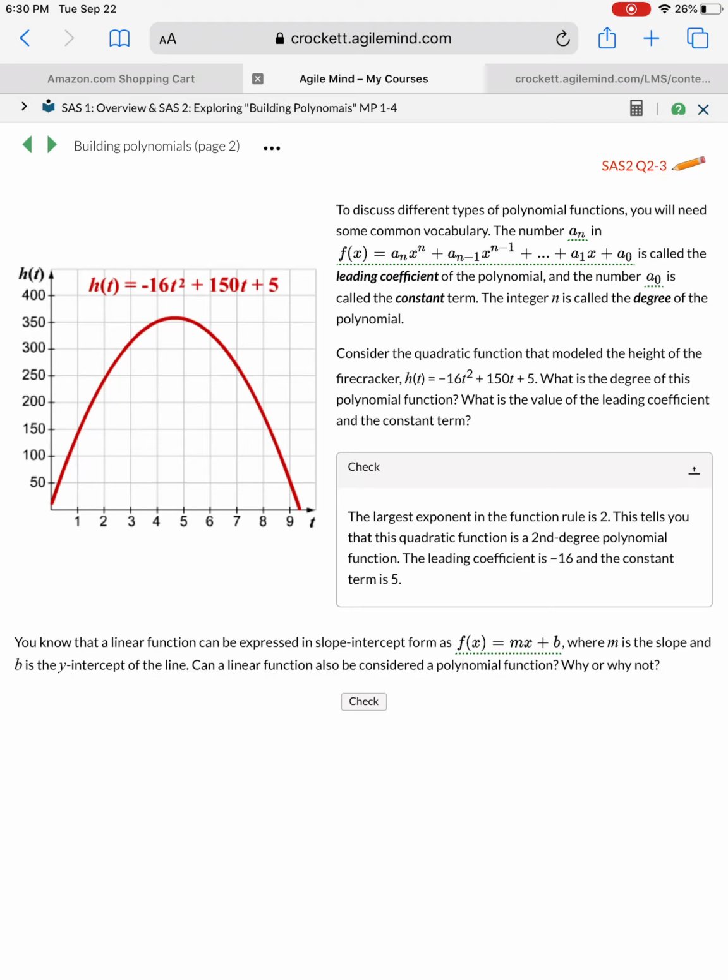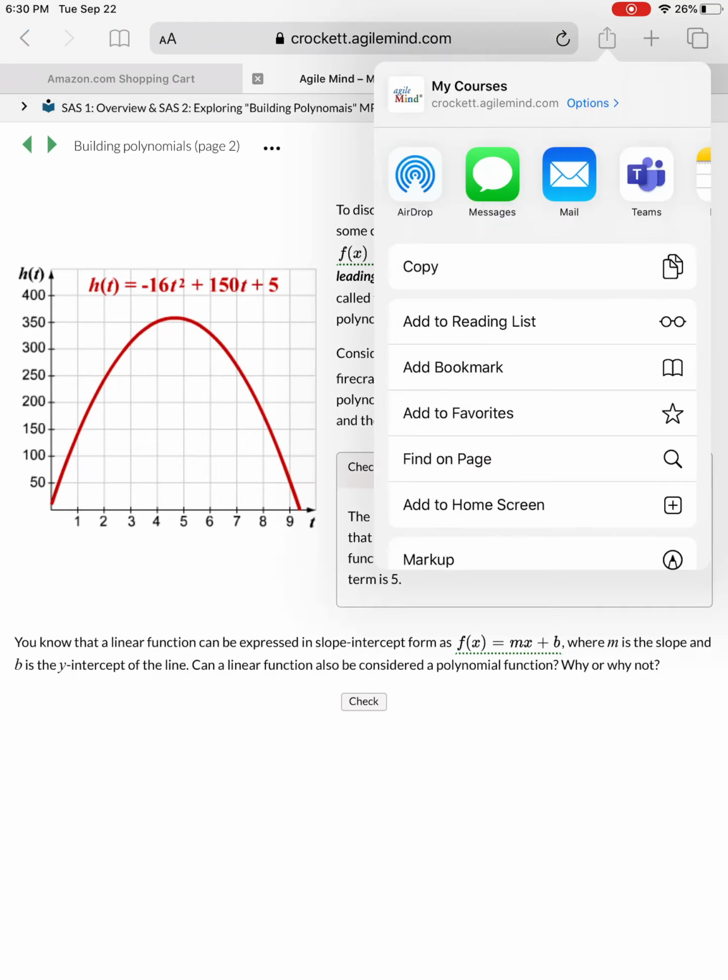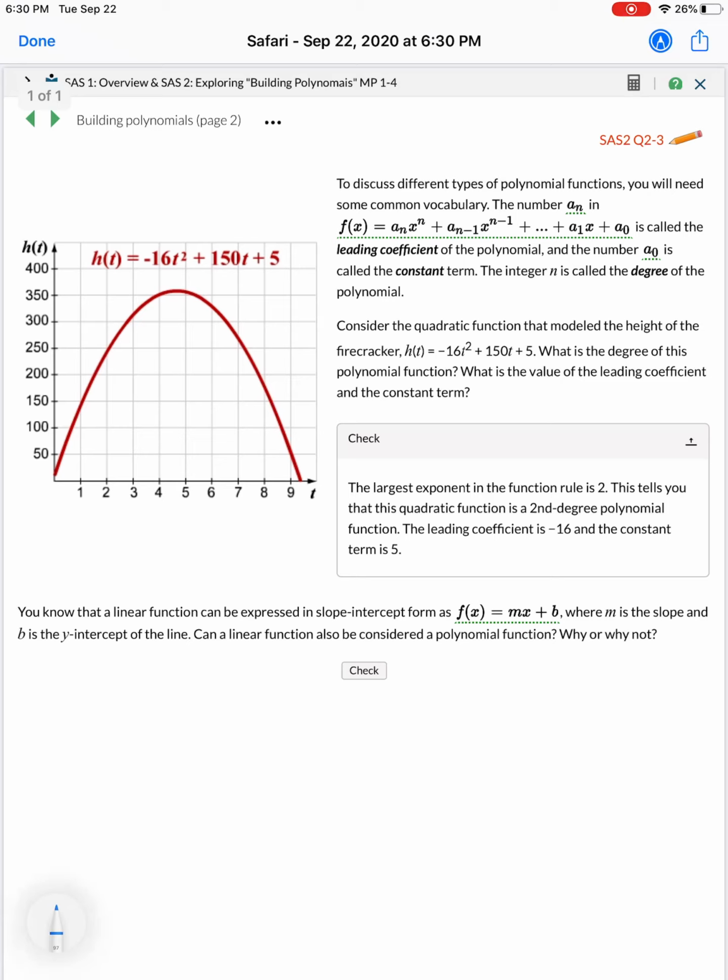On number 3, it says, can a linear function also be considered a polynomial function? Why or why not? So we know that a linear function is in slope-intercept form, okay, with m being our slope and b being our y-intercept.